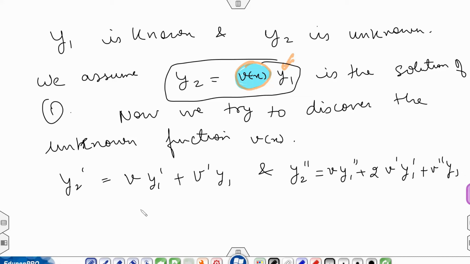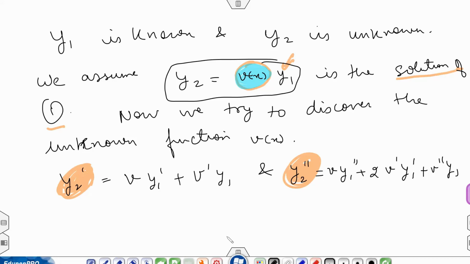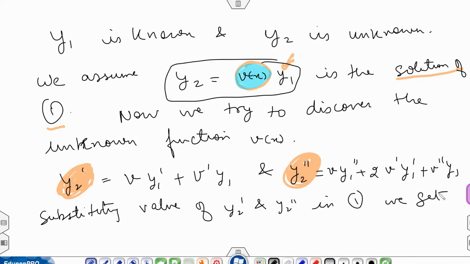Now what you need to do is substitute this value and this value in equation number 1, because y2 is what we have assumed to be a solution of equation 1. This is my equation number 1, and since we have assumed that y2 is a solution of this, it must satisfy equation number 1.